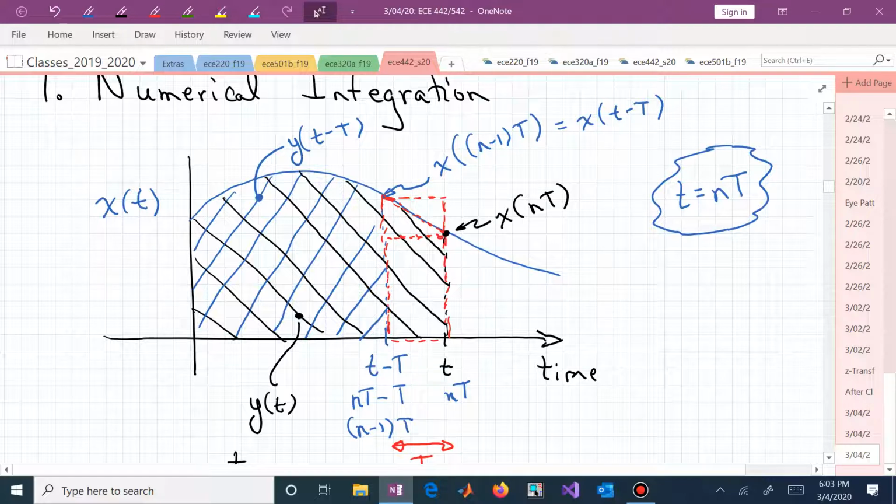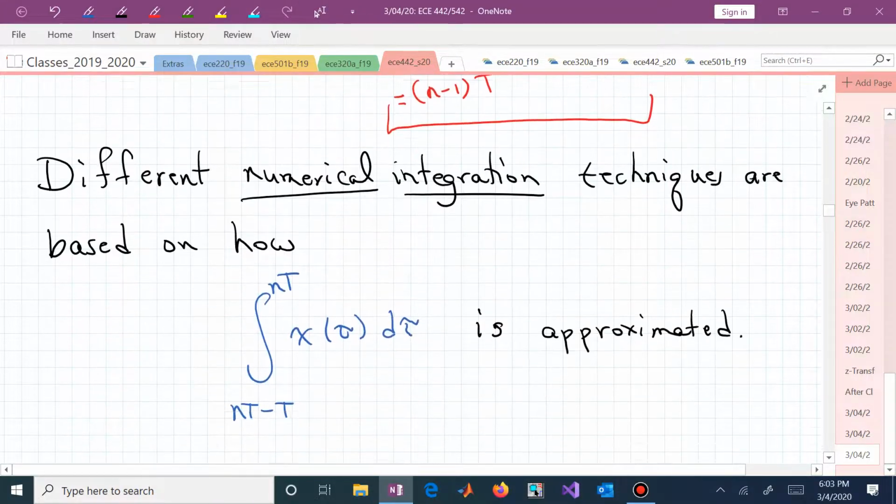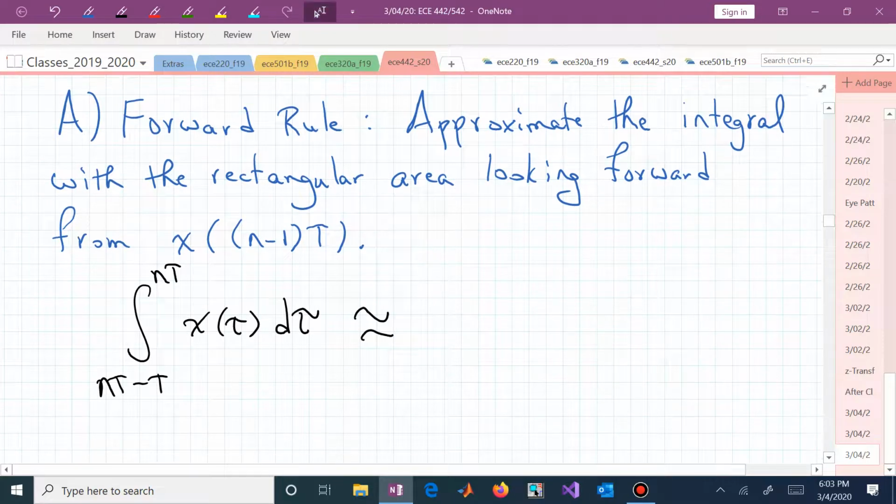That's just x at little t minus capital T, but we've replaced little t with little n capital T. So that's now x at time quantity little n minus 1 times capital T. That's an expression that approximates that integral using the forward strategy. We now are saying on the right-hand side the approximation will be width times height.